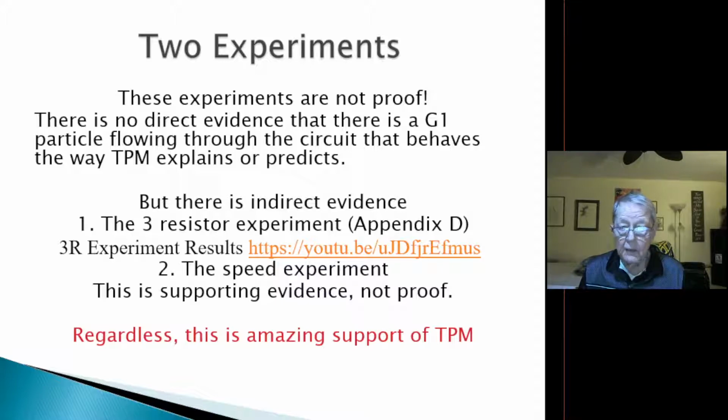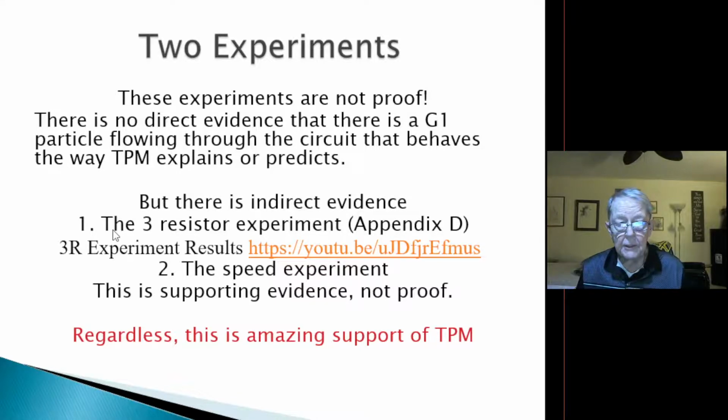But there is indirect evidence, and indirect are the voltage measurements and the current measurements. So I have verification of voltage, but not of what's really happening with the G1s.